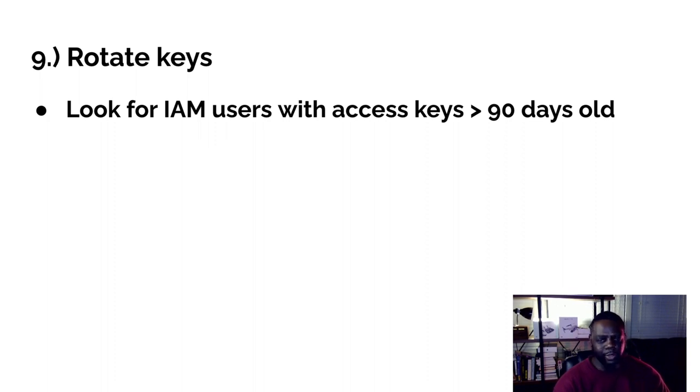Another check could be if there's an access key that's stale or stagnant that may not have been used in the past 90 days, or maybe even 60 days. You would just want to go in and disable that access key.